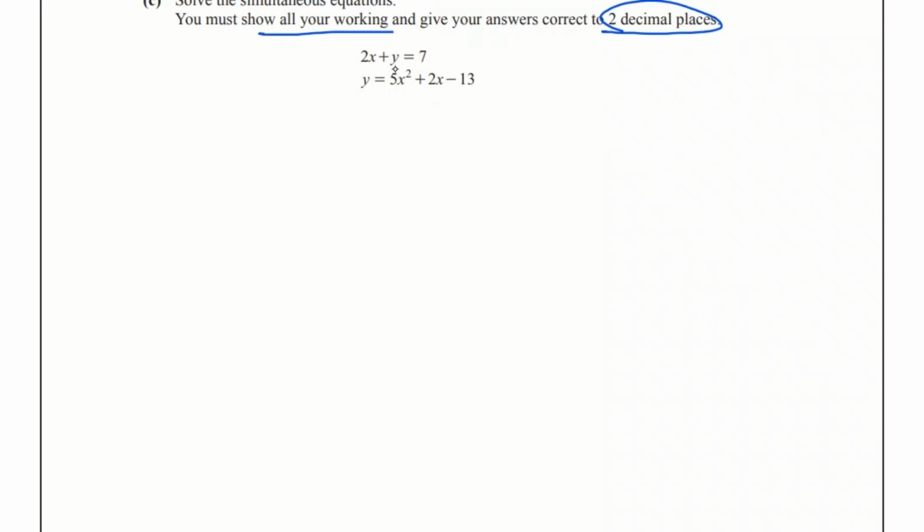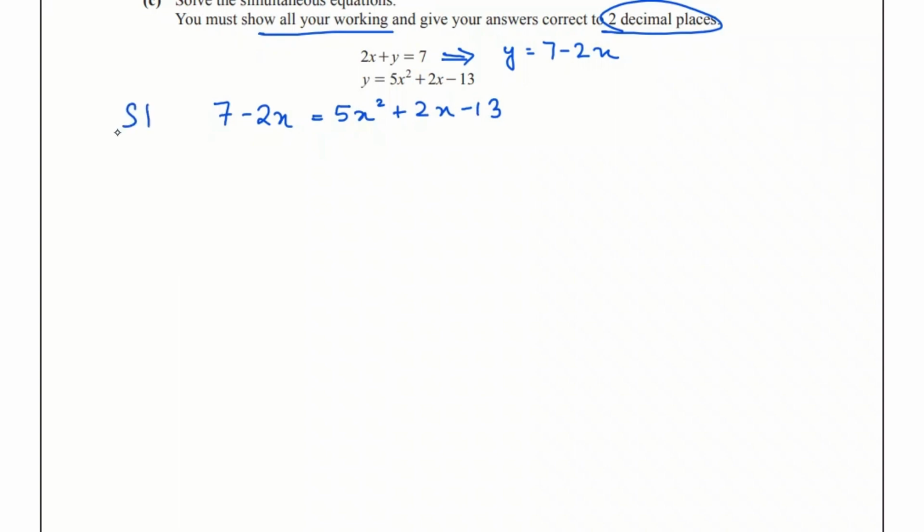So first thing, let's substitute the value of y. Let's do one thing. We will rearrange this as y equals to 7 minus 2x. So y is equals to 7 minus 2x and y is equals to, so finally we get 7 minus 2x is equals to 5x square plus 2x minus 13.